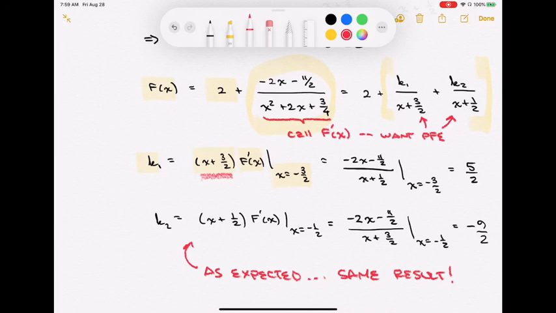So if I look back at what my f prime of x was, I could have written it in factored form. The denominator would have been x plus 3 halves times x plus a half. Because I'm multiplying by x plus 3 halves, the x plus 3 halves up here on top is going to cancel with the x plus 3 halves in the denominator, and that's going to only leave this x plus a half piece.